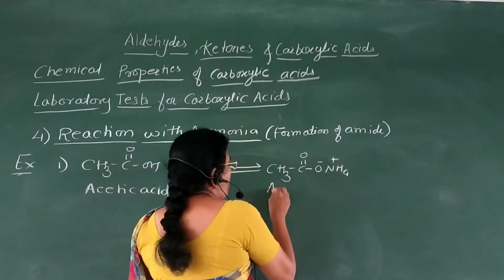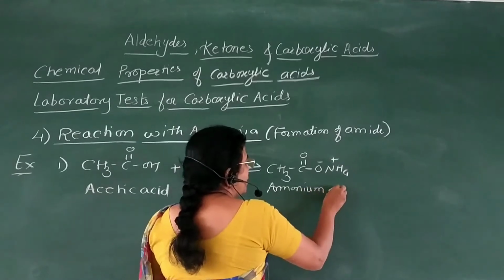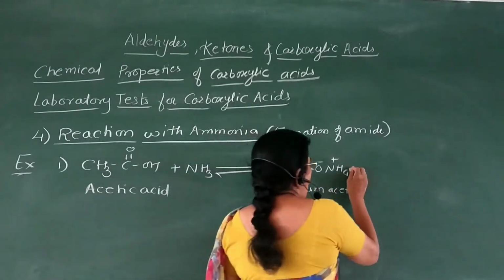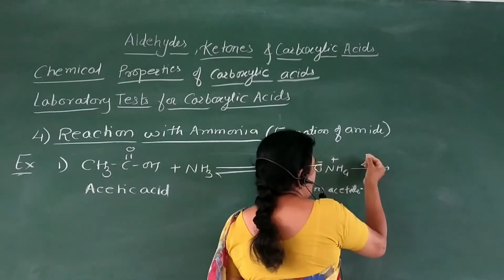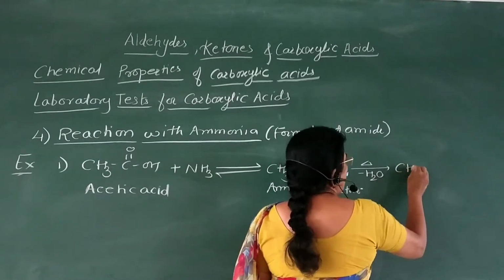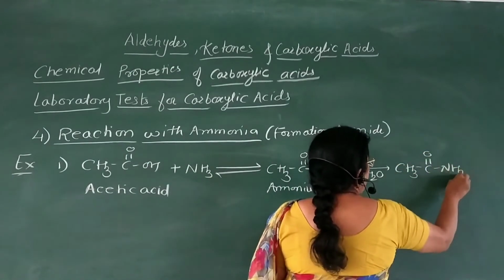This is ammonium acetate, the salt. This is a neutralization reaction to form this salt, ammonium acetate. And when this is strongly heated, removal of H2O takes place to form CH3 C double bond O NH2. This is acetamide.